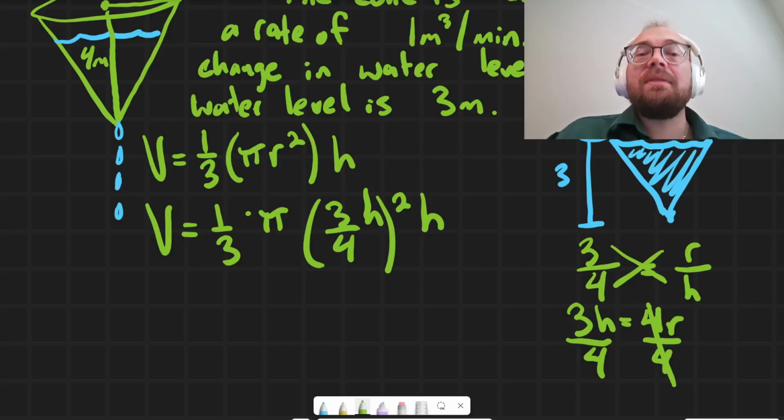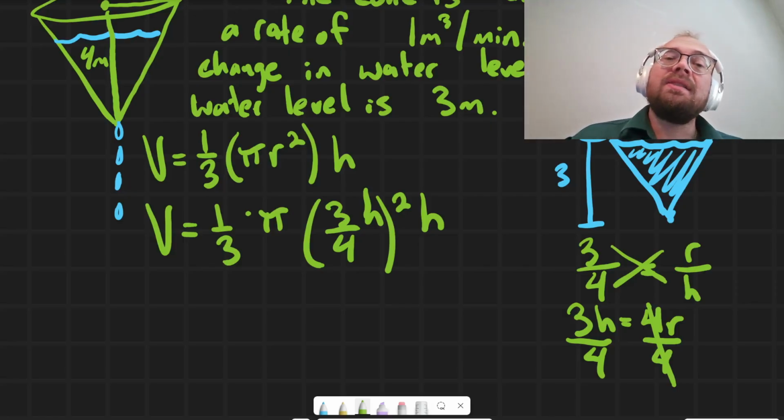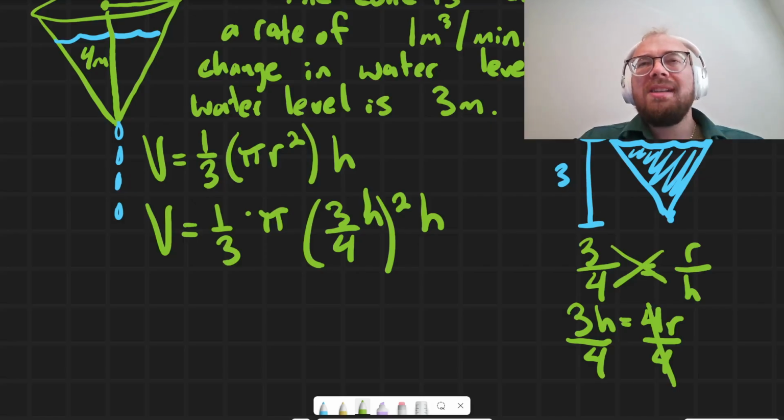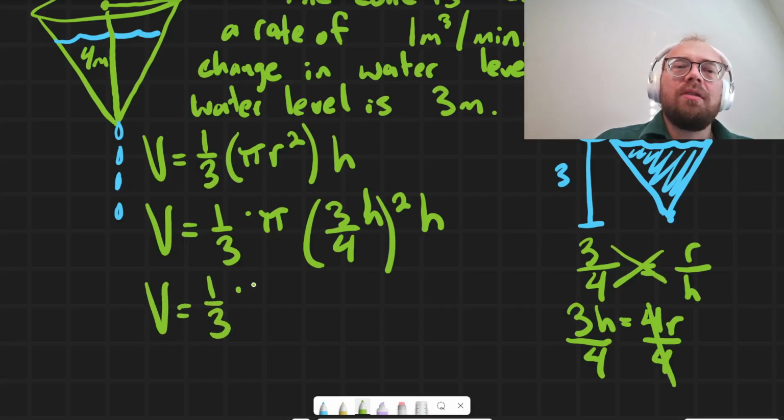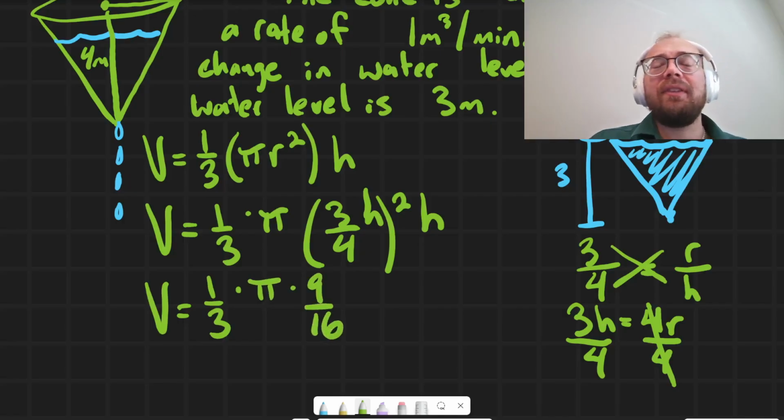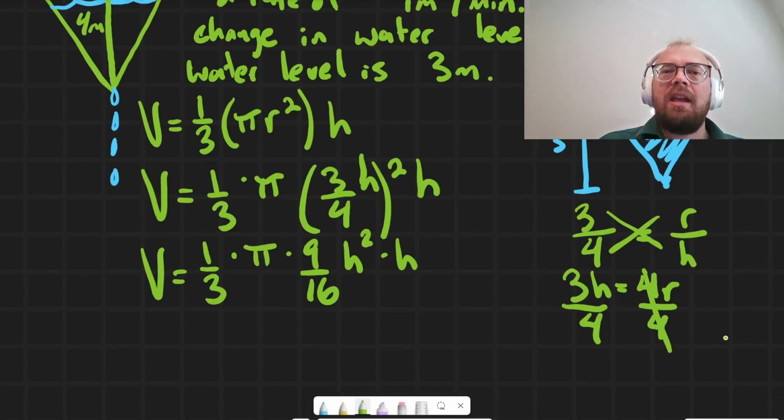Now everything is in terms of h, and now I can take the derivative a lot easier. If I square this whole thing, those would be 3/4 h times 3/4 h. So that's going to be 1/3 times pi times 9/16, 3 times 3 and 4 times 4, and h squared and times an h.